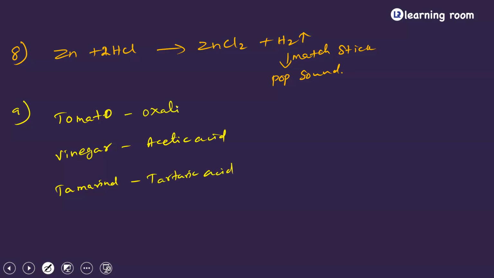Do you know the formula of citric acid? Sir, citric acid is also in tomato. Citric acid is present in lemon. Okay. Acetic acid is CH3COOH. Tamarind is acetic acid, CHOH.